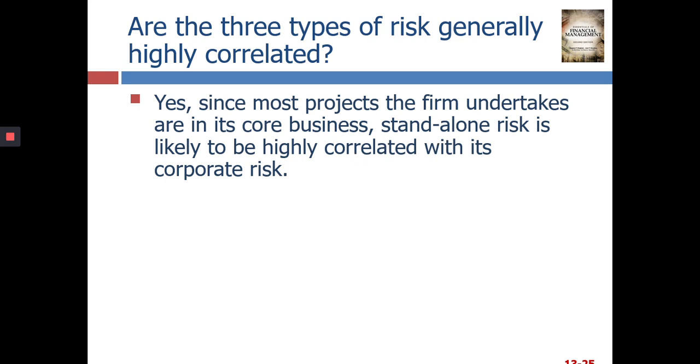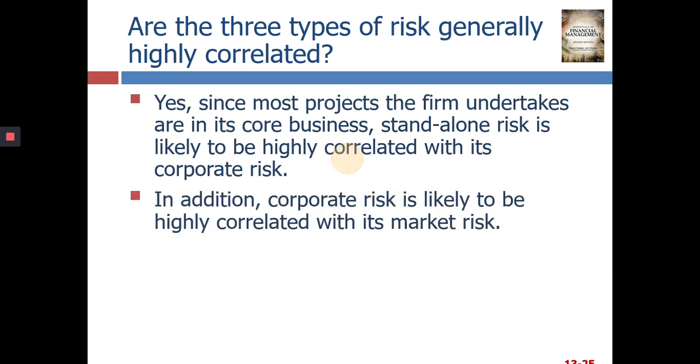If we take Sunway Group, and one project, Sunway Lagoon, is not doing well, it will definitely affect the overall company. In addition, corporate risk is likely to be highly correlated with market risk. If the overall market or the entertainment industry is not doing well, the company will definitely be affected as well.